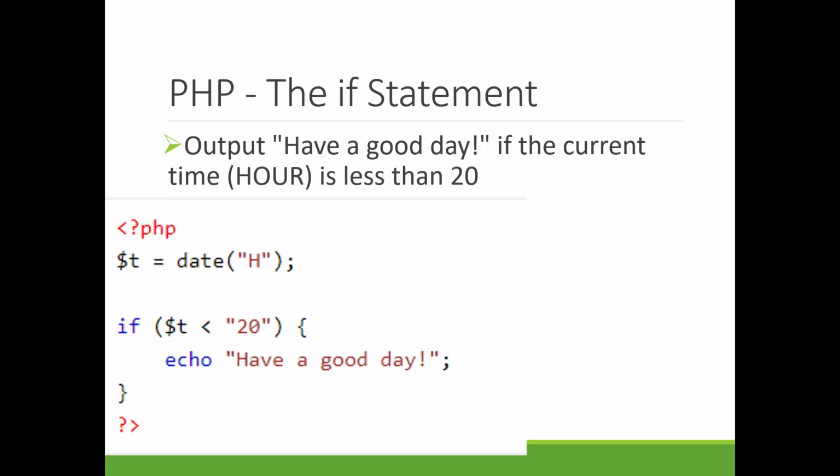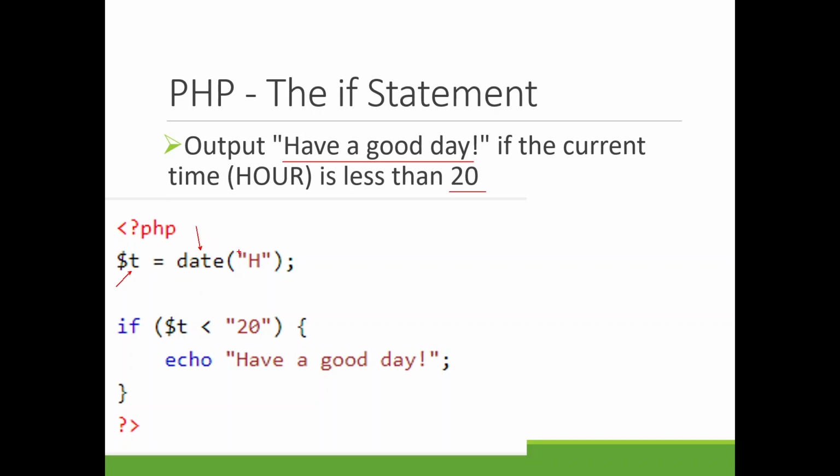This is an example of a single if statement. Here, we want to output have a good day if the current time is less than 20. We've declared a variable t, and we are assigning it using the date function.